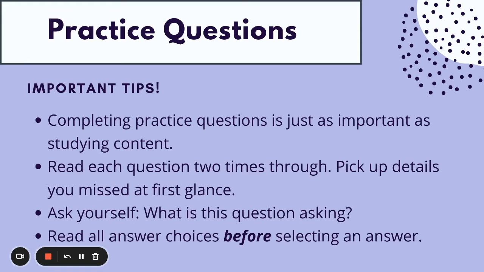So here I suggest using the 5 W's approach. That is an Agents of Change approach that we teach. And if you are looking for information on the 5 W's, we have a blog post, a podcast, and a YouTube video on it. So make sure you have some sort of strategy for pulling out important details and being able to synthesize information as you're reading practice questions.